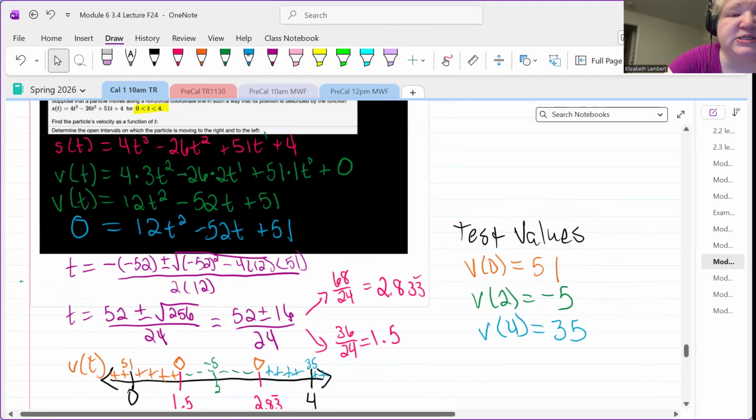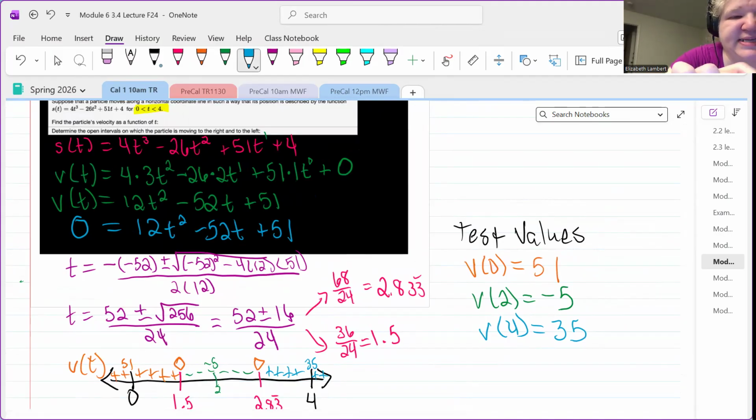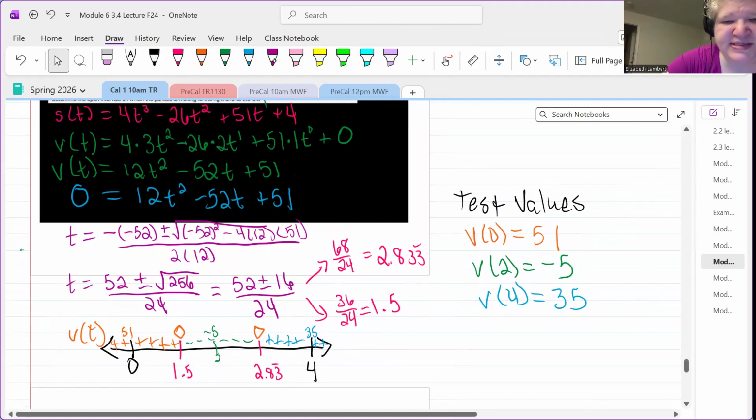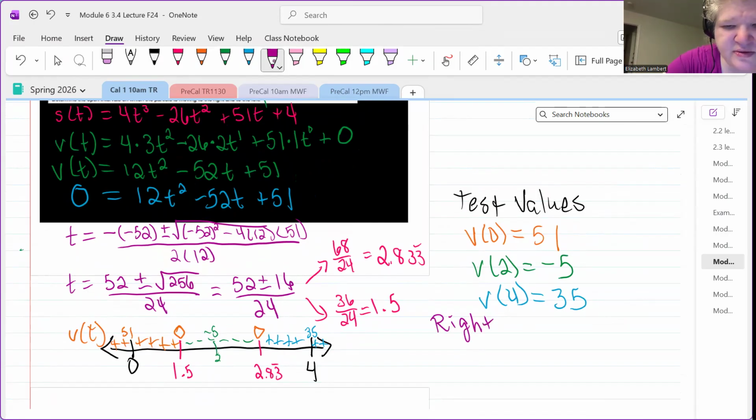So the question was, when is it moving to the right? When is it moving to the left? So we would say that we are moving right when it's positive. So right, I'm going to write positive in parentheses. That is from 0 to 1.5.